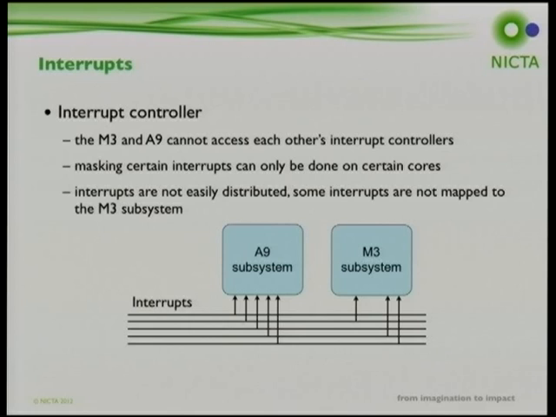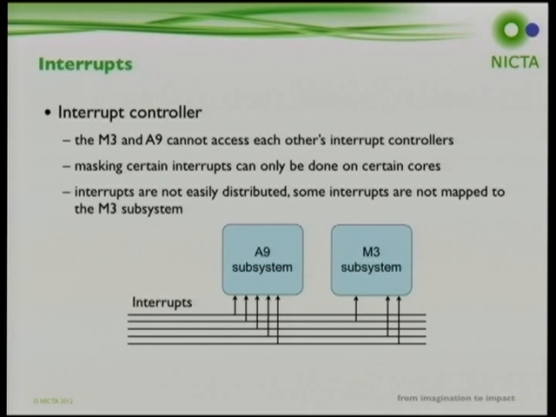Interrupts. This was a problem because in SMP systems, Linux expects that the CPUs can all access the available hardware. However, in this system, the A9 and M3s can't access each other's interrupt controllers. This means when we're trying to mask an interrupt, the M3 can't mask interrupts that are mapped to the A9.